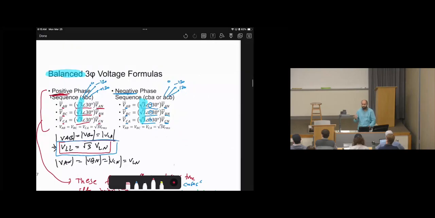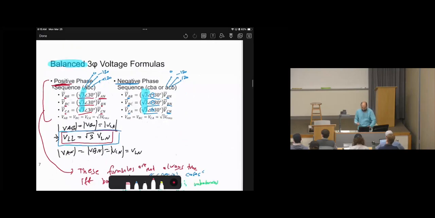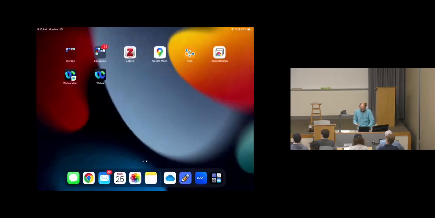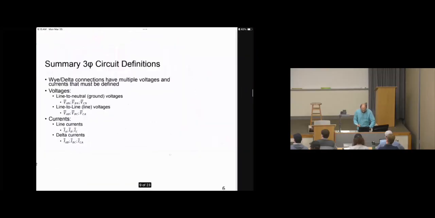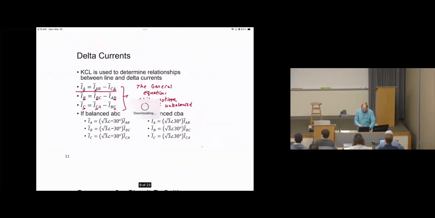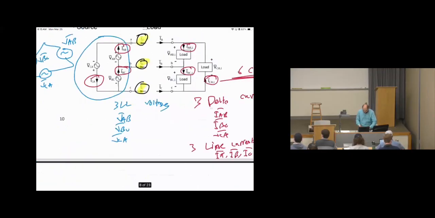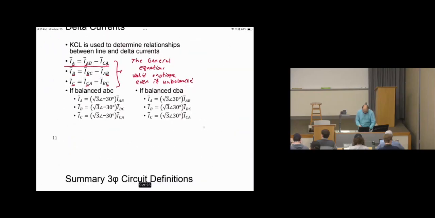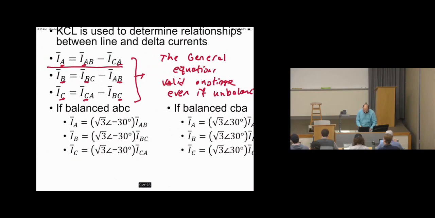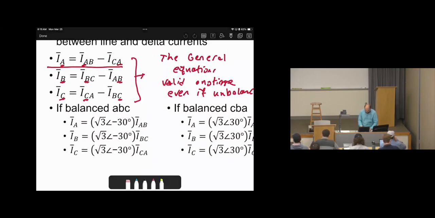Now, we have line currents and delta currents. There is a similar relationship. Those are the general formulas that are valid anytime, no matter if it's balanced or unbalanced. Then we have a special case if it is balanced and positive sequence, and another formula if it is balanced and negative sequence.